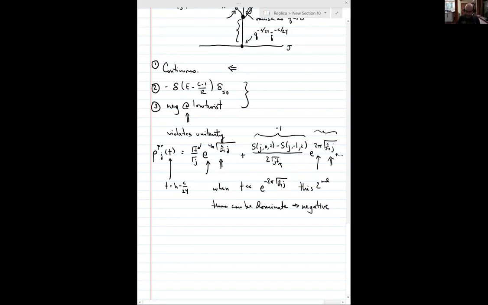So if you want to get rid of this -1 here, what you need to do is add a new state whose S transform is going to behave in exactly the same way as this e to the 2 pi times c over 24j. So that's not going to be a vacuum state. Sorry, but it's going to be a state with positive energy.